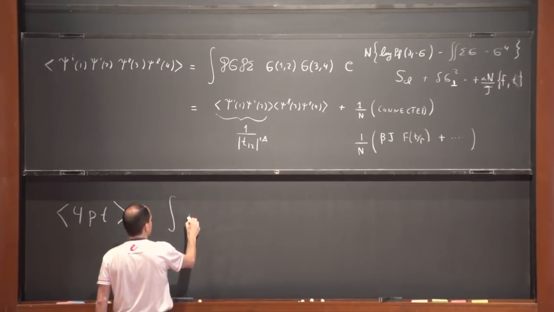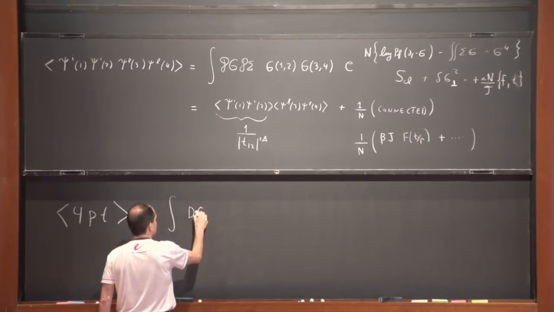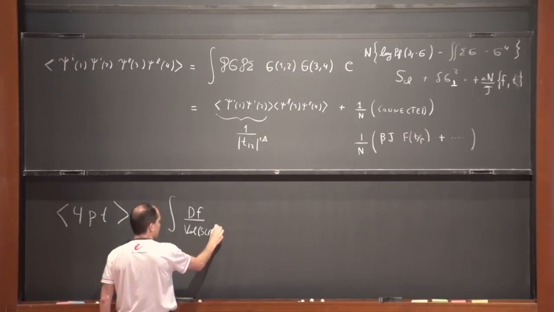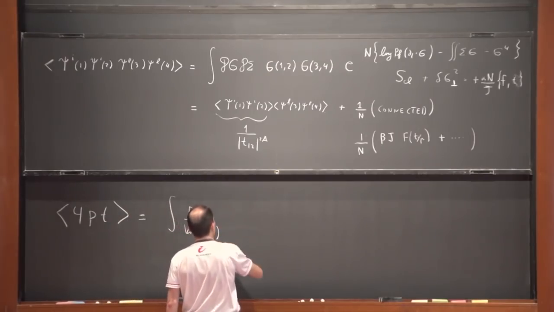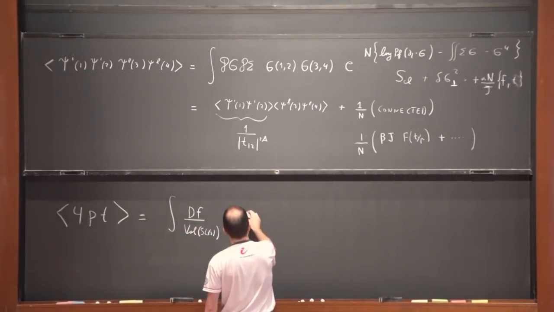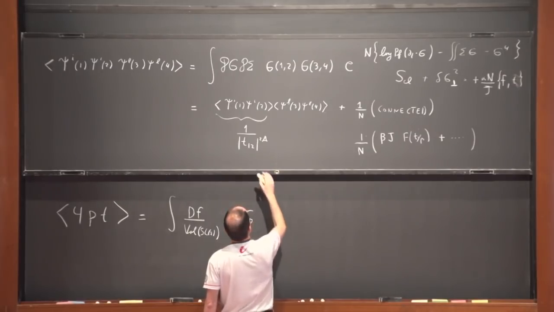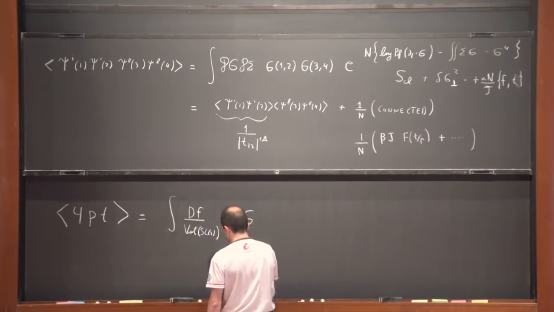So we are going to write this as the integral over all f's, and we have to divide by the volume of SL2. As we said, we had an SL2 gauge symmetry. And then here we'll put the g, but transformed with f.